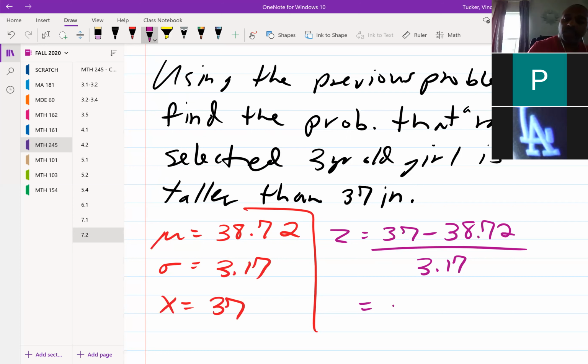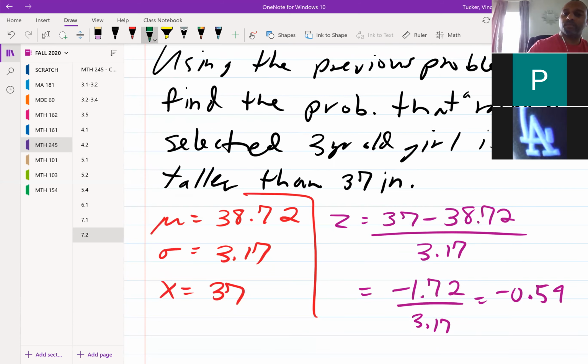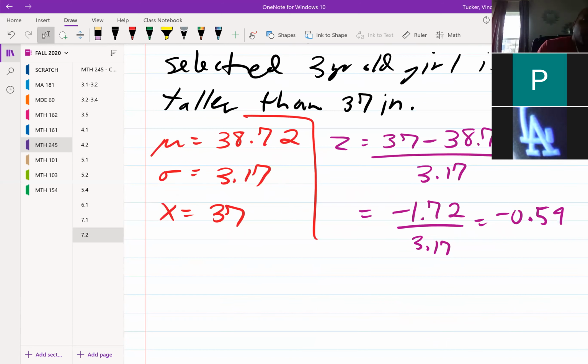So that's going to be negative 1.72 divided by 3.17. It's negative 0.54. All right. Questions before we hit the chart?